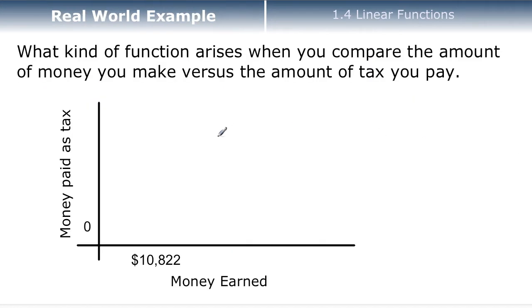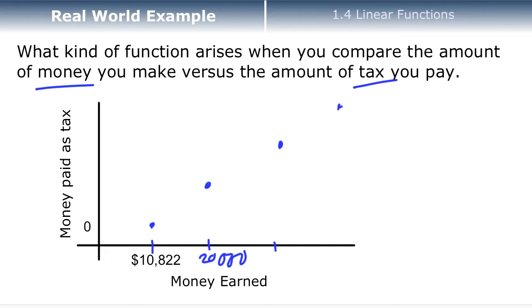Just as a quick little example, looking at how much income tax you pay based on how much money you make. So in Canada right now, if you make less than $10,822 in a year, you don't have to pay any taxes. But the more money that you make, say you make $20,000, then you're going to have to pay a little bit more taxes. Say you get $30,000, you're going to have to pay more taxes.